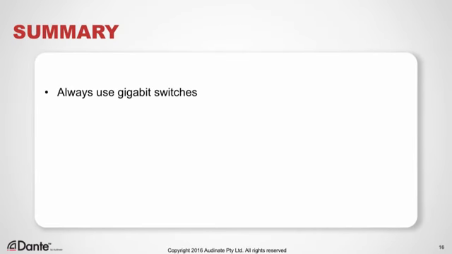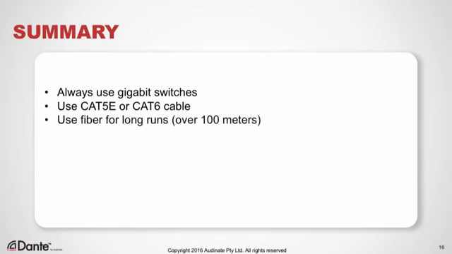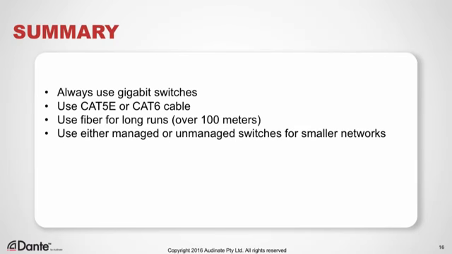Let's summarize this section. With Dante, always use gigabit switches. Use Cat5e or Cat6 cable. Use fiber when you must deal with very long runs over 100 meters. Use either managed or unmanaged switches for smaller networks.